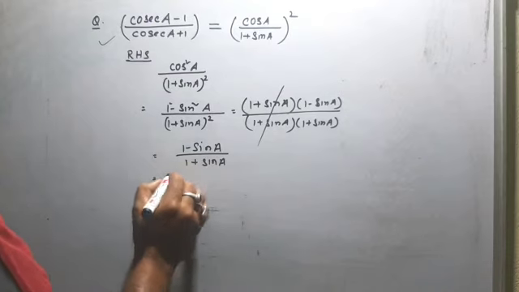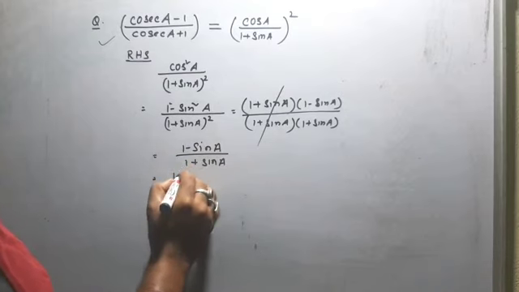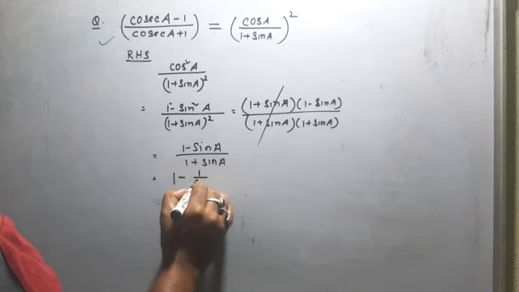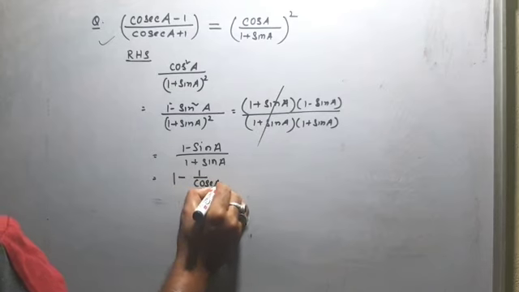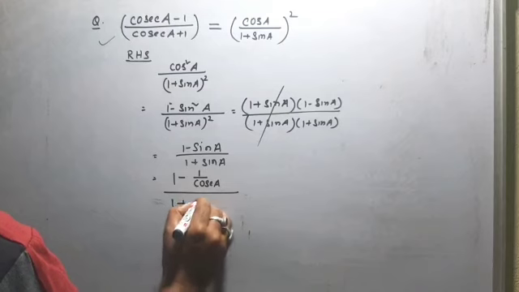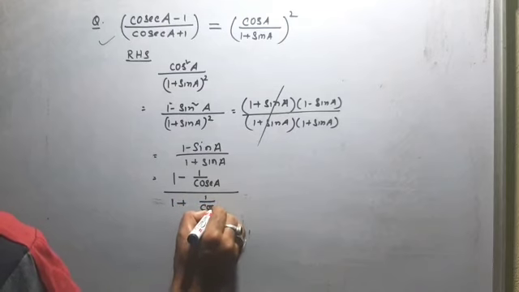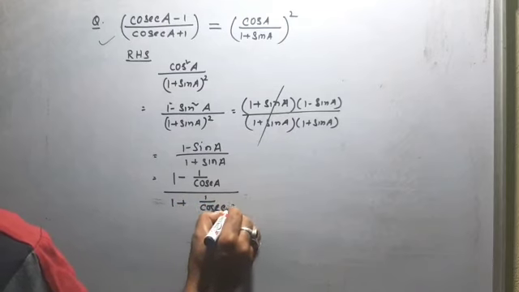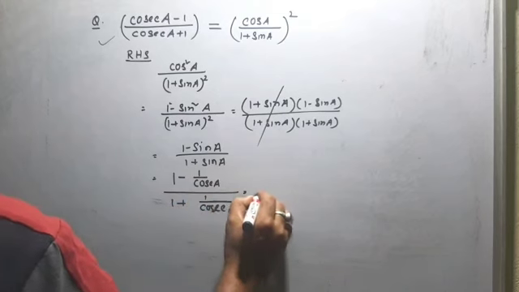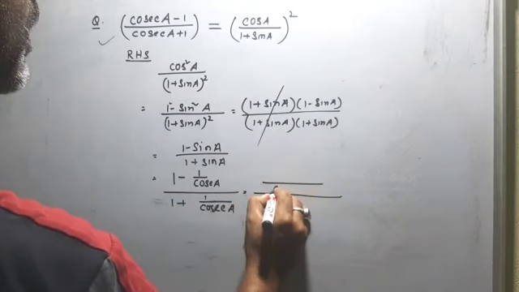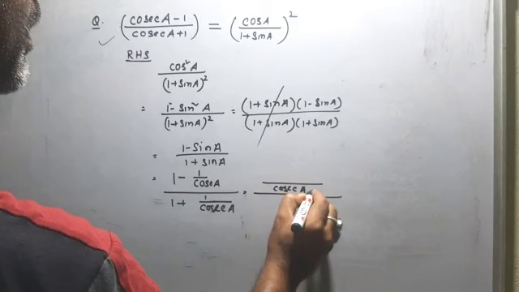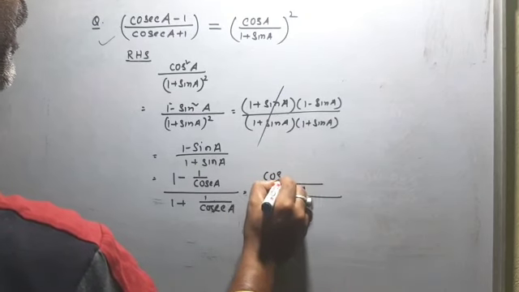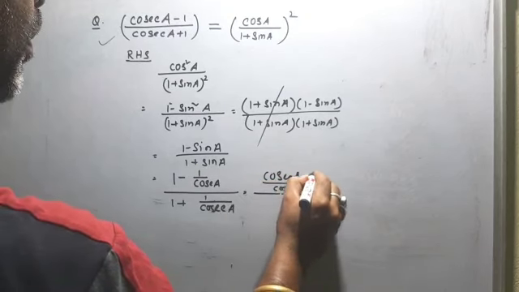So it may be somewhat lengthy in the numerator. 1 minus sin a, we can write as 1 minus 1 by cosec a. Here also 1 plus 1 by cosec a, just changing sin a. So in the numerator there is also an LCM, cosec a, so that is cosec a minus 1.